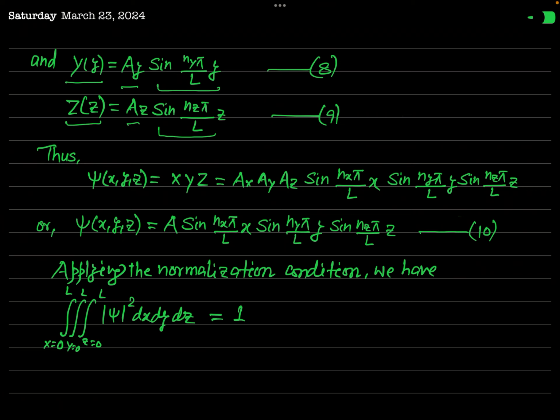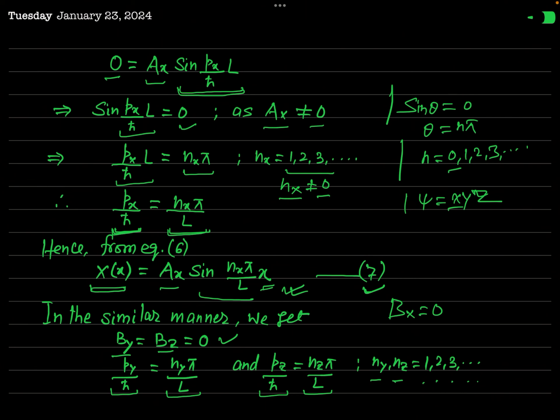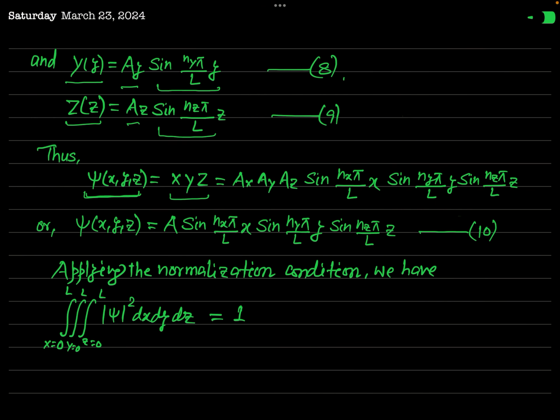But you have seen that the complete wave function psi is the product of these three wave functions X, Y and Z. So now the solution of our Schrodinger time-independent equation, which is psi, is given like this. Let us multiply these three equations, equations 7, 8 and 9, where the values of capital X, capital Y and capital Z are defined.